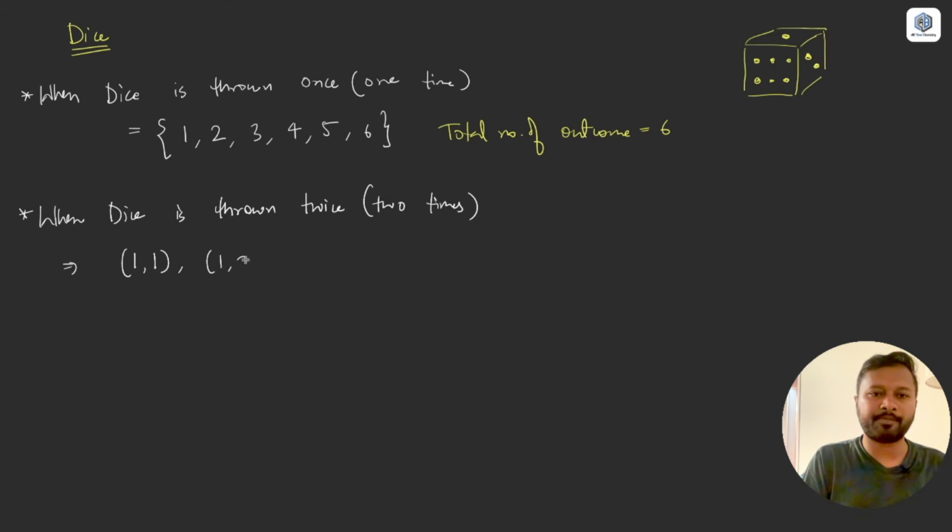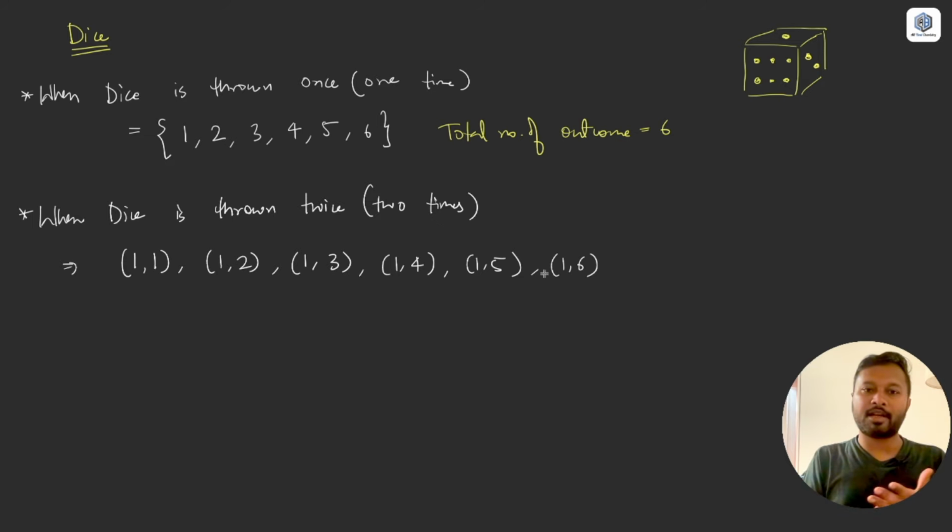So 1, 2. Or 1, 3, 1, 4, 1, 5, and 1, 6. These are all the possibilities when the first time you have got 1.